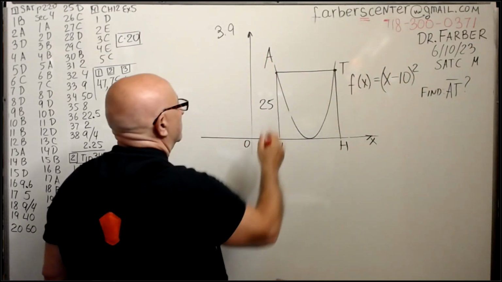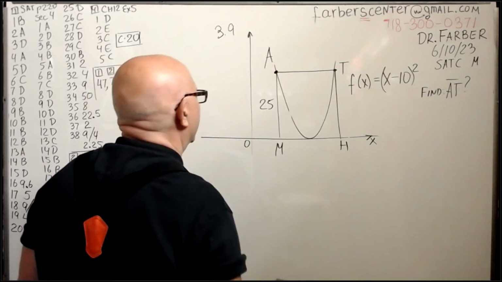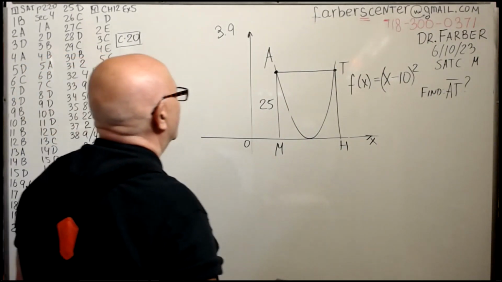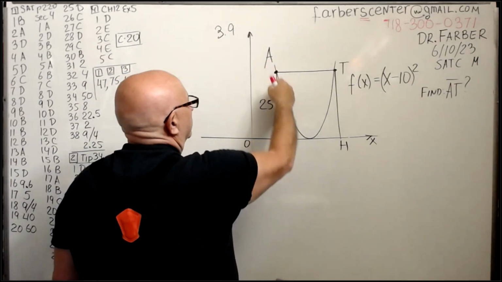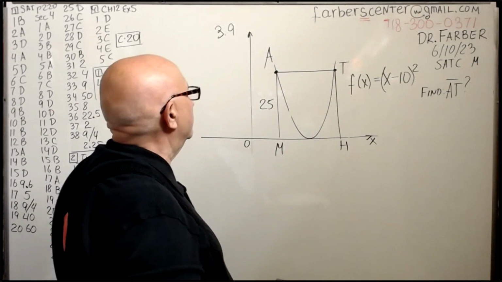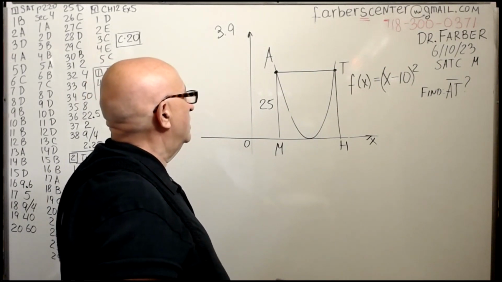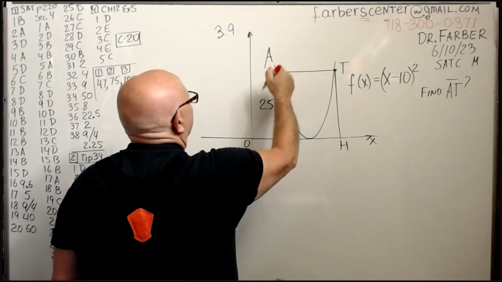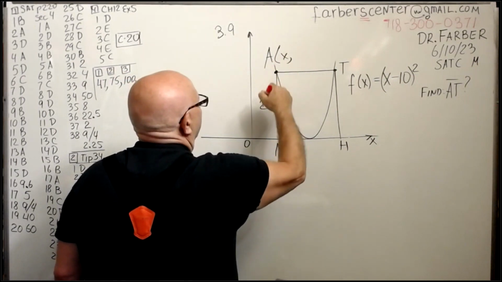Well, you can easily see from this graph that point A belongs to this graph. If point belongs to the graph, coordinate of this point satisfy equation of this graph. And what is 25? Is y coordinate. This is x and y equals to 25.